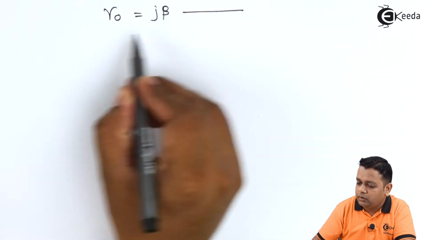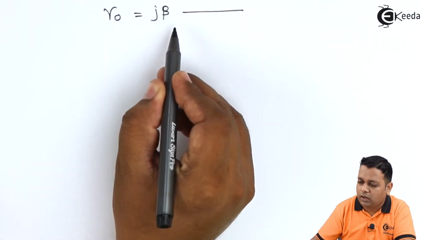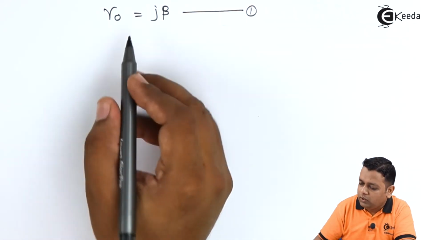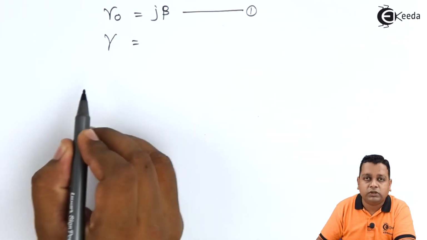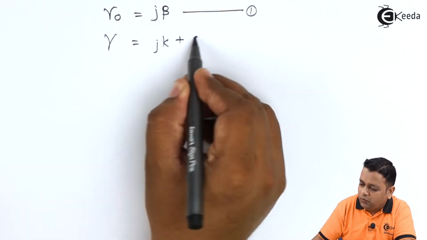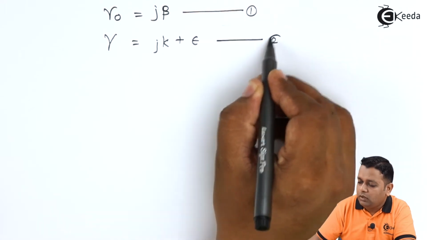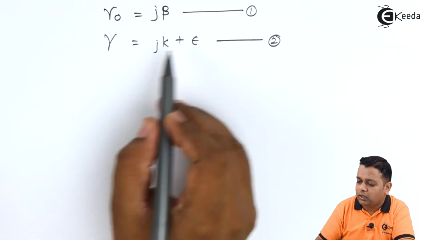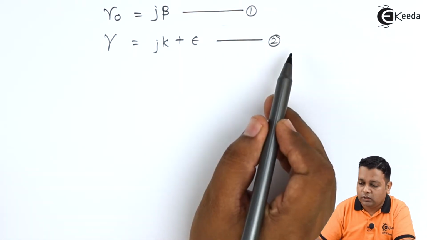This we name equation number 1. Similarly, we also set the propagation constant gamma equal to j times k with epsilon, epsilon being the permittivity of the medium inside the body of the device. This new equation for gamma we name equation number 2.